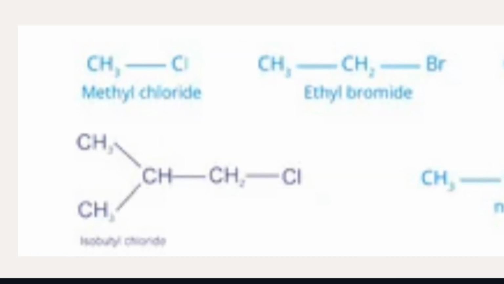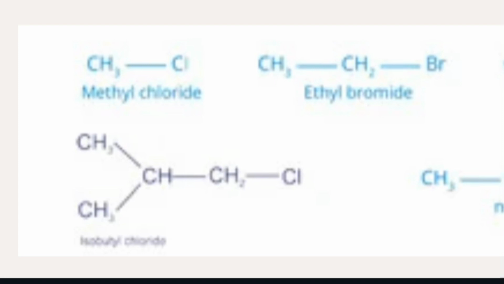In the next example, you can see the alkyl group which is attached to a halogen group, which is the chlorine group. In this example, you can see that there are 4 carbon atoms, but they are not attached in a straight chain. This alkyl chain has a branch, and the substituent attached is a methyl group.